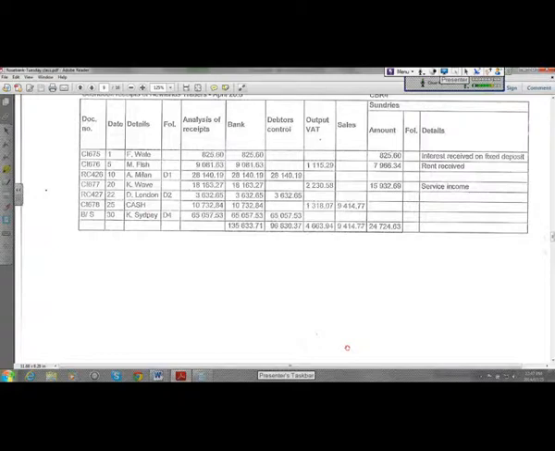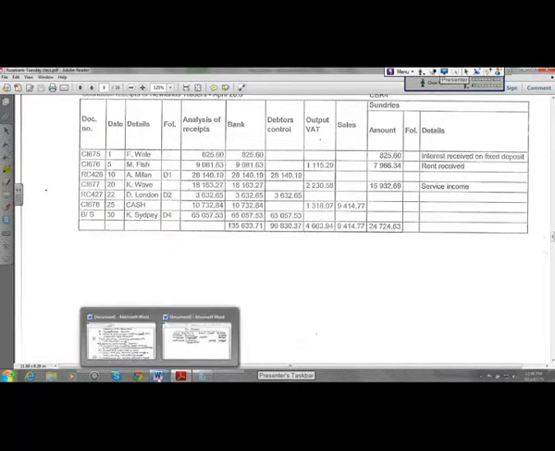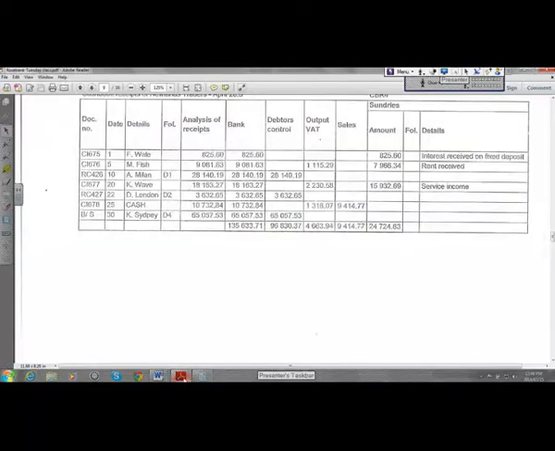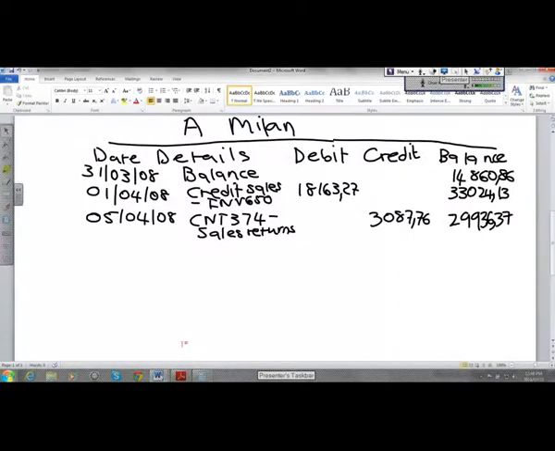So if he settles his account, he's paying off his account, his debt is going to reduce, isn't it? So it's going to reduce. Let's just double check the date first. Okay, so the date is the 10th. Let's go put it. So you're going to say 10th April.